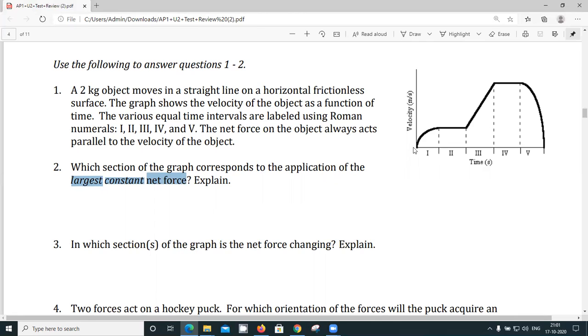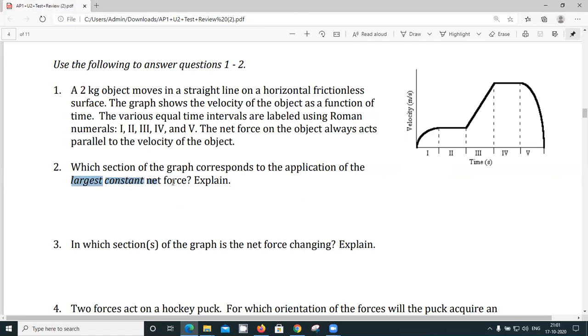Okay, so it's 2 kilograms. That's the mass of the object. So it's 2 times the acceleration. I'm not sure what the acceleration is. No, we have to find which has the maximum acceleration.